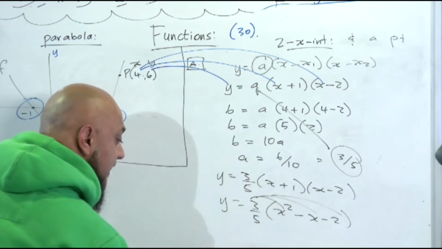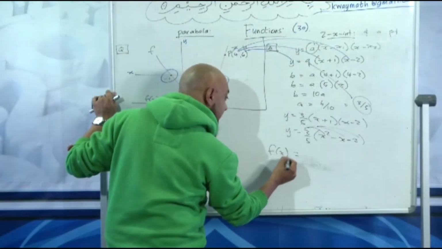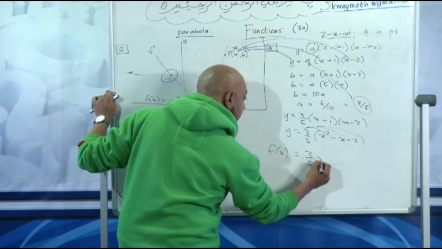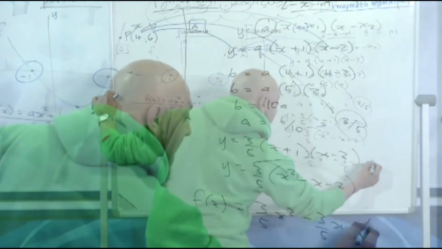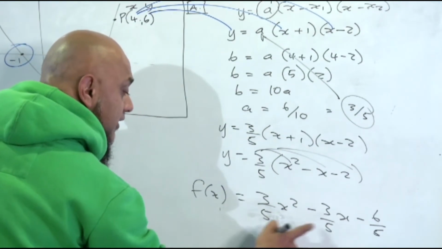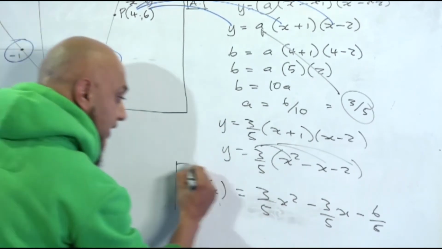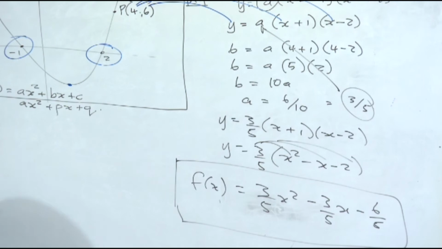Multiply this out, and that will be your final answer. y, or f of x, is equal to 3 over 5 x squared minus 3 over 5 x minus 6 over 5. So that's your a value, b value, c value, or a value, p value, q value. That's your final answer: ax squared plus bx plus c.